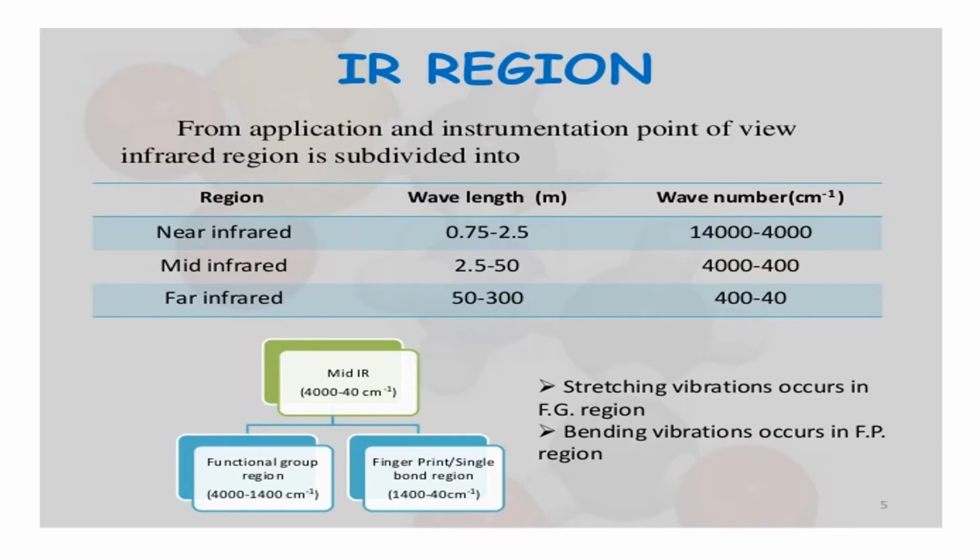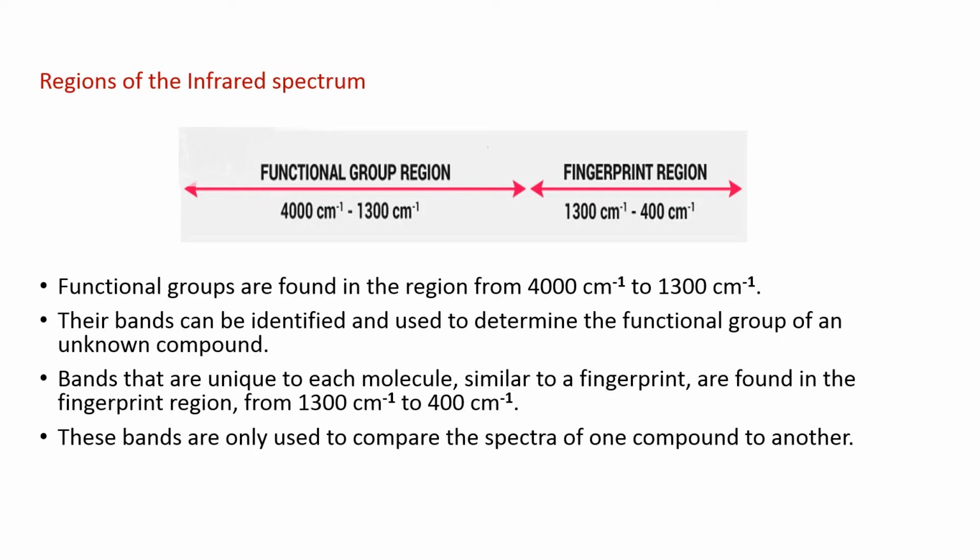And if you see the IR regions, there are three regions: near IR, mid IR and far IR. Mid IR is again divided into two: the functional group region, where stretching vibrations are very common, and the fingerprint region, where bending vibrations occur. So these are the regions of the infrared spectrum.